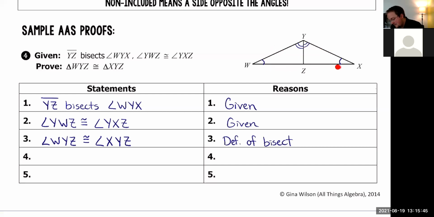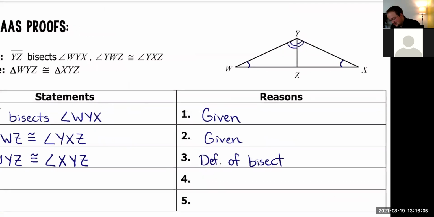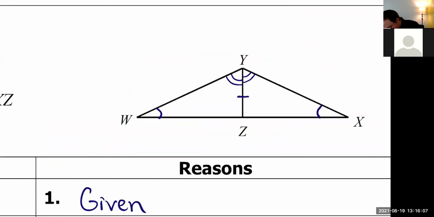How would you defend that? Did it say that YZ bisects this? This one's always sly because it seems so obvious that it feels wrong. But isn't this side congruent to itself?